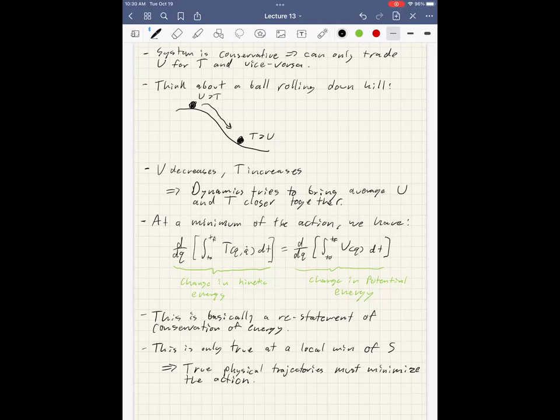What this is really saying is that if I move away from the optimum, these are both going to get bigger by basically the same amount. So it's saying locally at a minimum, they're trading off at the same rate. Make sense? Small changes in them have to be equal to each other.